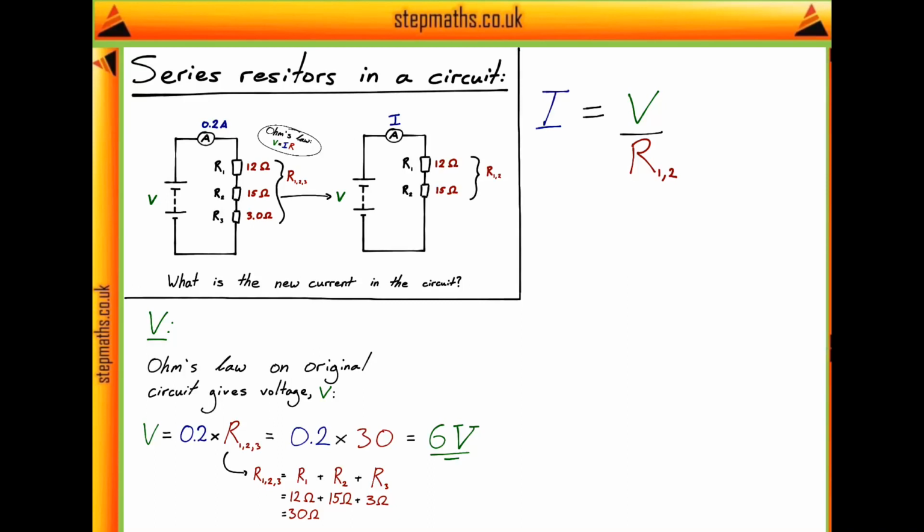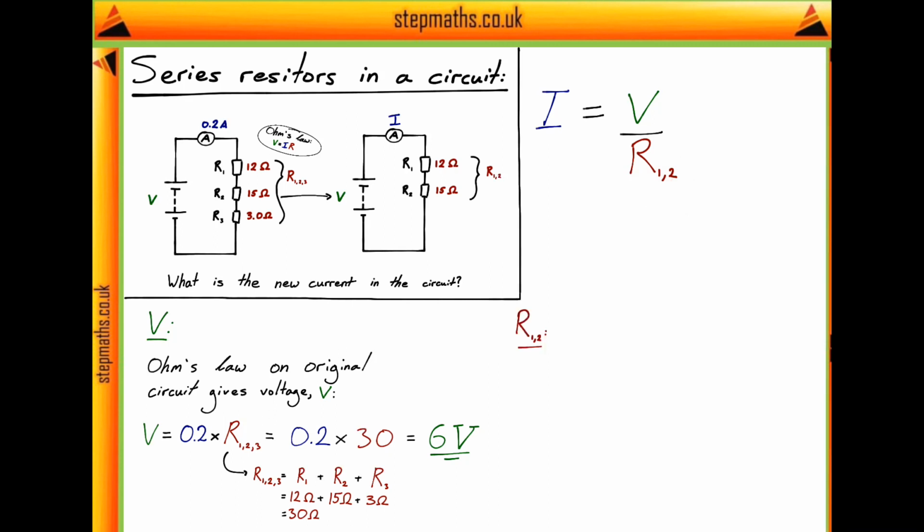Since the battery is taken out and then put back into the circuit once resistor R3 has been removed, we can presume that this voltage should be the same in both cases, since the battery has not been affected at all. Now, let's look at the resistance of the second circuit, R12.